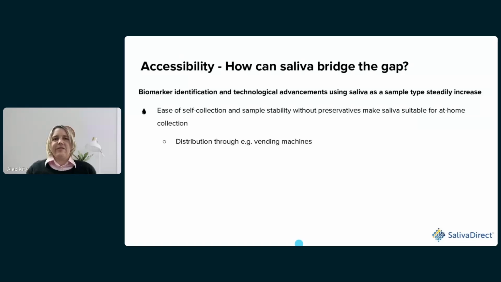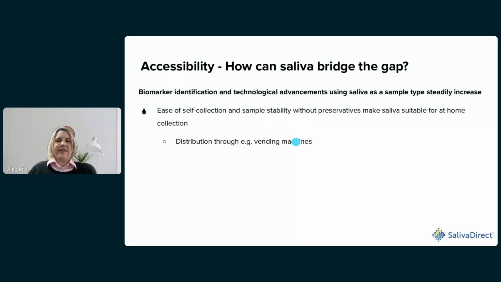And now I'm going to provide you a few examples of how we think saliva can aid in increasing the accessibility of diagnostic testing and how it can bridge the gap. One of those would be that the ease of self-collection and the proven sample stability, specifically for RNA and DNA without preservatives, makes saliva suitable for at-home collection advances and programs.